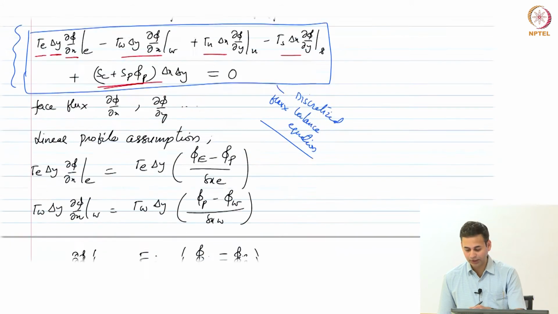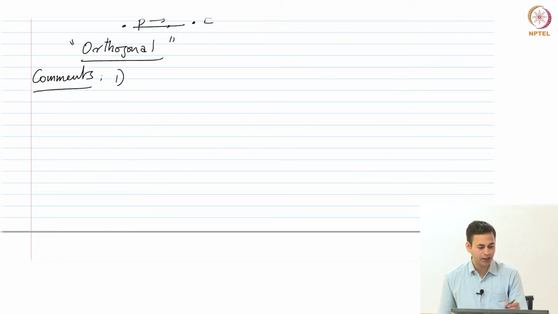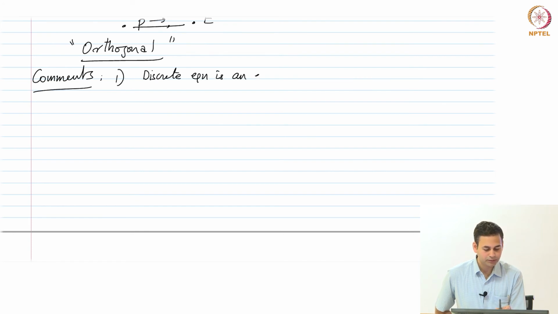So, the discrete equation is an equation for flux times area balancing the source within the cell.